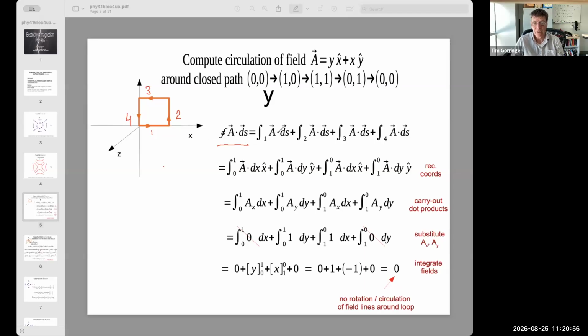So all I've done here is broken this single closed loop integral out into 4 line integrals for the 4 sides. All the language is still perfectly general. The steps are still ds. The fields are just expressed as the field vector A. Let's go down to the next step.